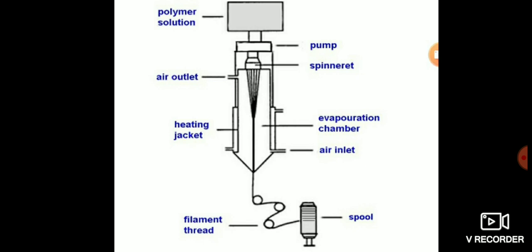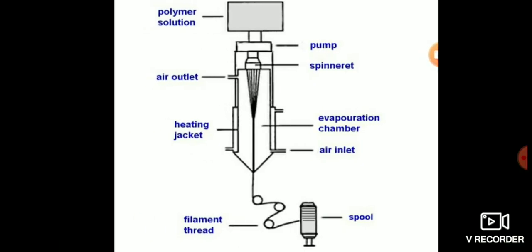Figures illustrate the process. Dry spinning is required for polymers with a melt temperature equal to or close to their thermal degradation temperature. Therefore, they require dissolving in a solvent in order to be processed into fibers.